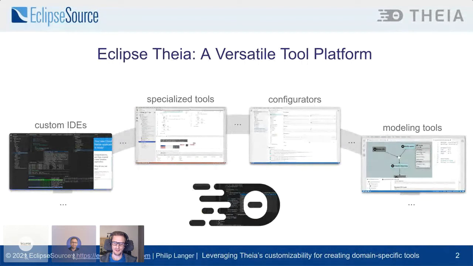Looking back at the last few years, where we worked on several different Theia projects together with our customers, we faced very different types of tools that they were building based on Theia. If you want to categorize them, and please, this is not a hard categorization, of course there are overlaps and mixtures, but just to put it into some sort of boxes, I would say one very obvious type of application built with Theia is custom IDEs.